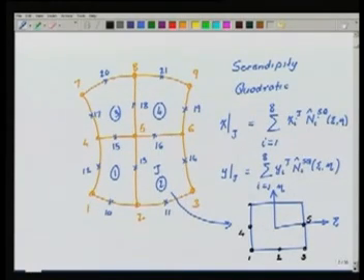Numbering is something that is up to us. You see that the 2 here in the physical element becomes a 1 in the master, 11 becomes a 2, 3 becomes a 3, 13 becomes a 4, 14 becomes a 5, 5 becomes a 6, 16 becomes a 7, and 6 becomes the 8. And these nodes are now in the middle of the edges.